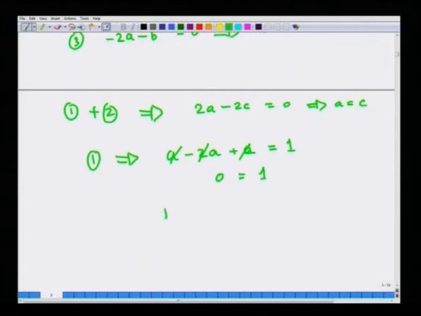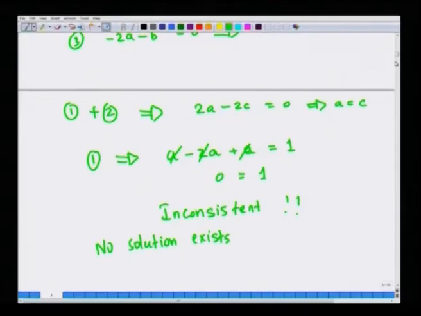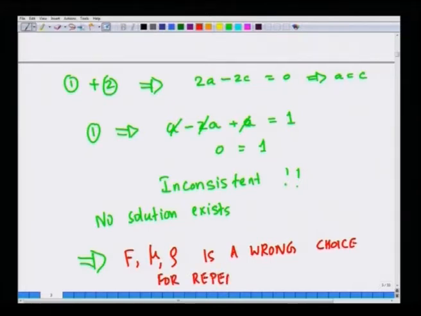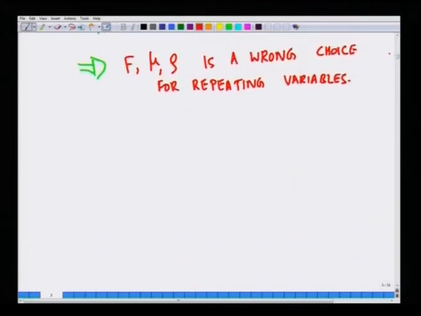So, this is inconsistent. The equations are inconsistent, that means no solution exists, which implies that f, mu, rho is a wrong choice for repeating variables.